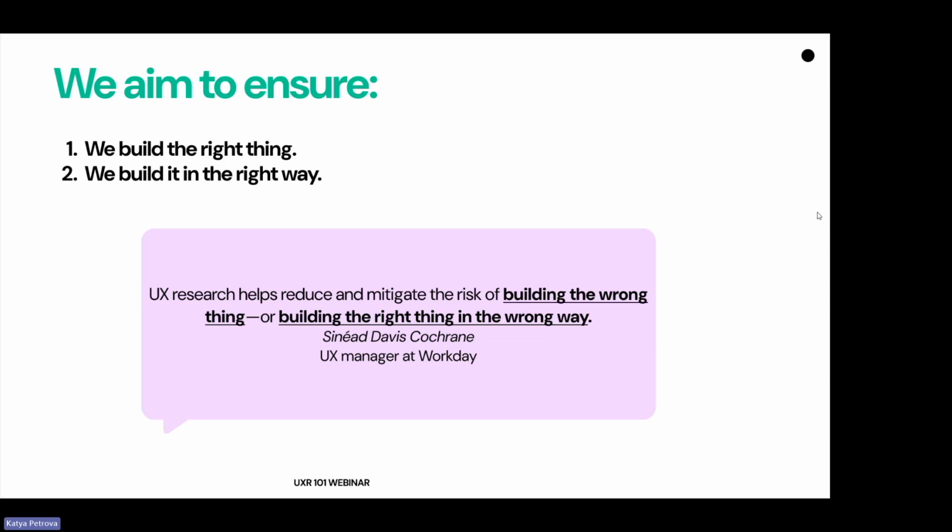This is a quote to that effect from a UX manager at Workday: UX research helps reduce and mitigate the risk of building the wrong thing or building the right thing in the wrong way. We have different research methods that we can use to approach these two broad questions depending on our specific needs, and often depending on the constraints we're working under. But we're basically always trying to answer one of those two things to build a successful product.